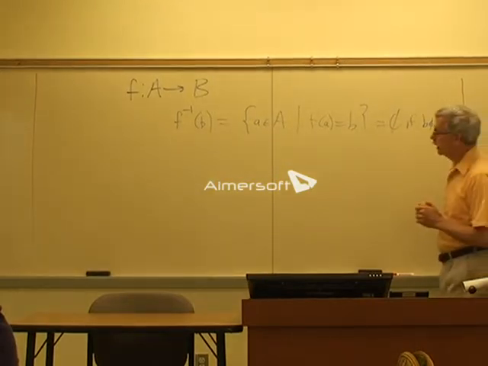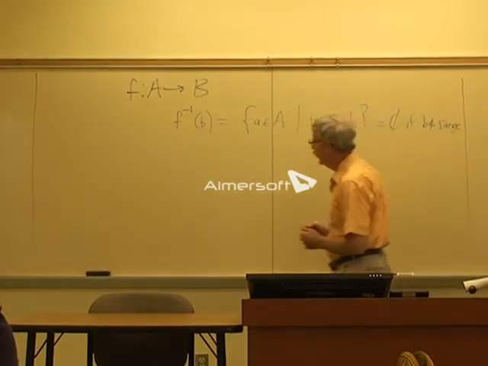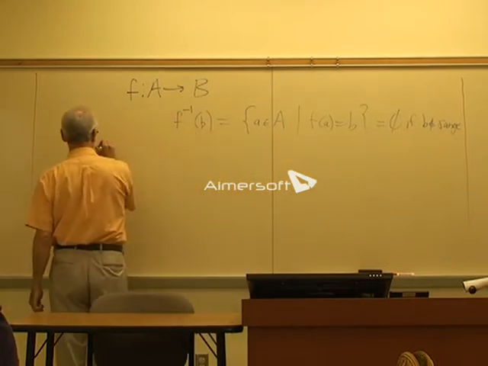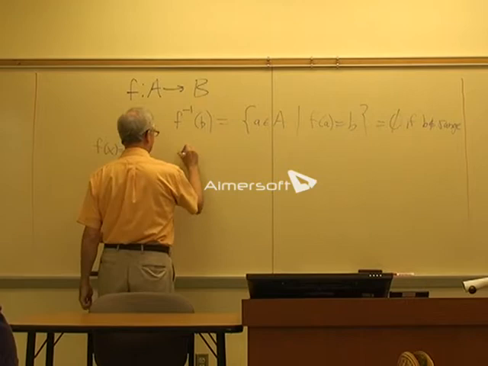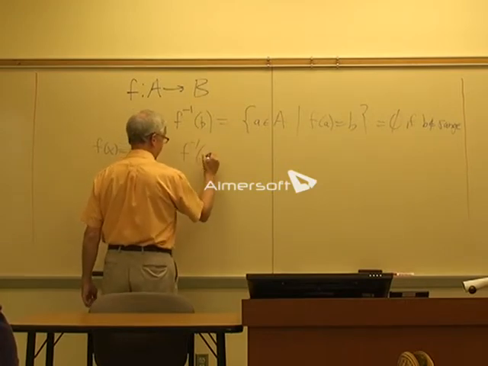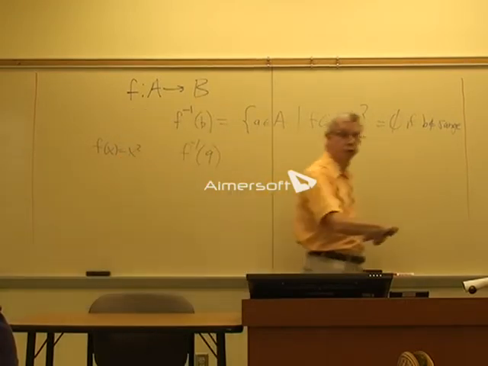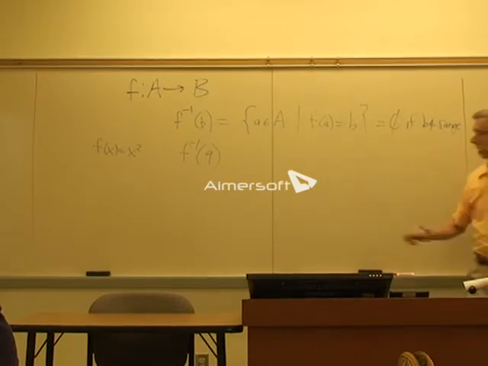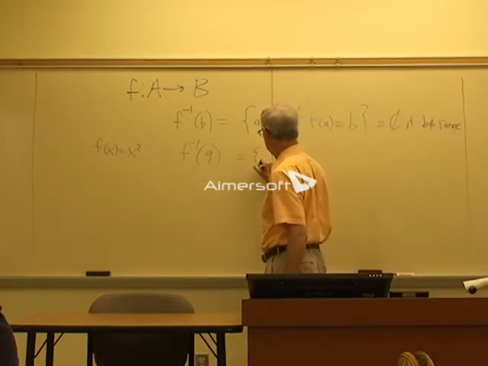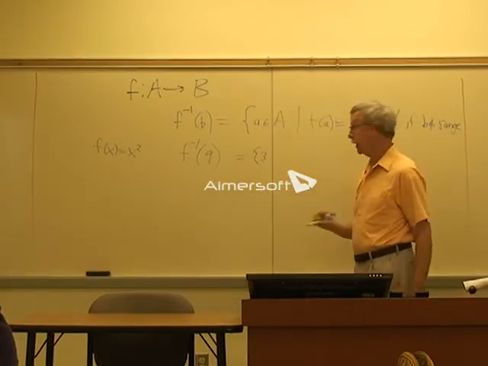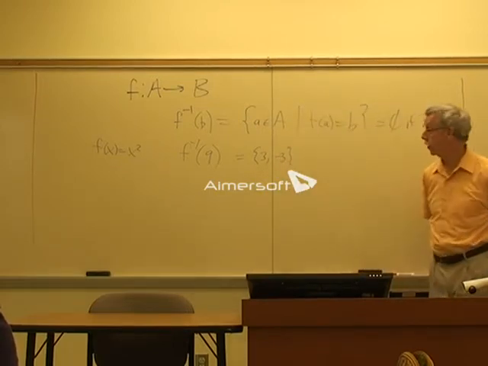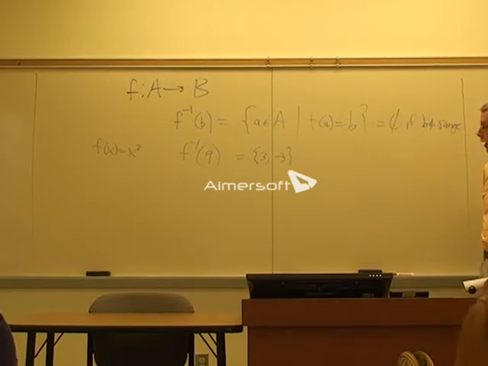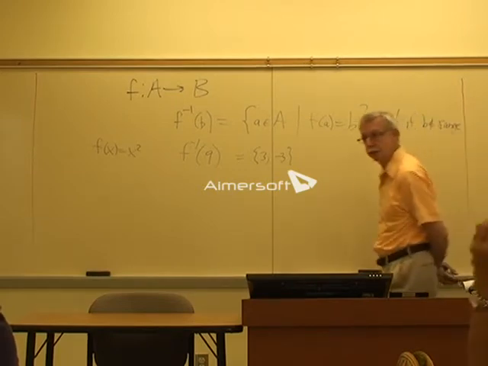It's often one element, but it could be several. Consider the example, again, f of x equals x squared. What is f inverse of 9? The pre-image of 9. Anything else? Negative 3. Yeah, there we go. There are two different values that get sent to 9 by the squaring operator in the reals.